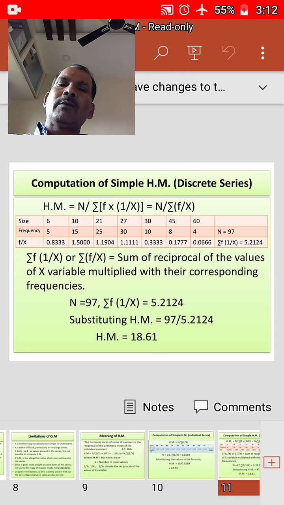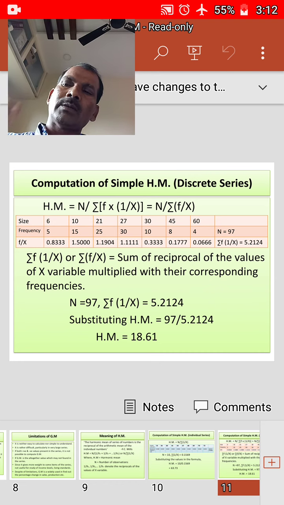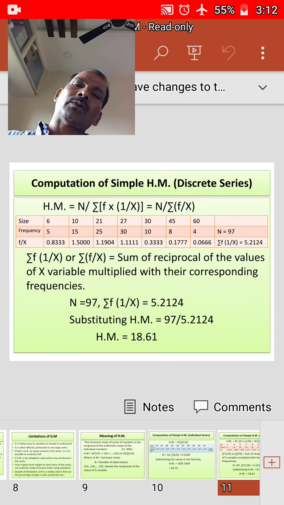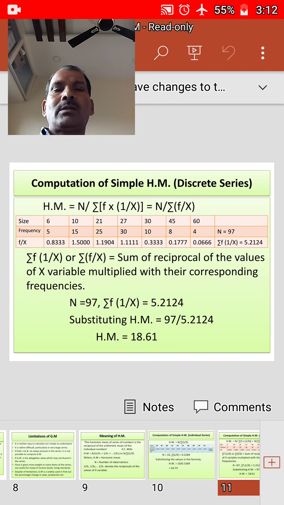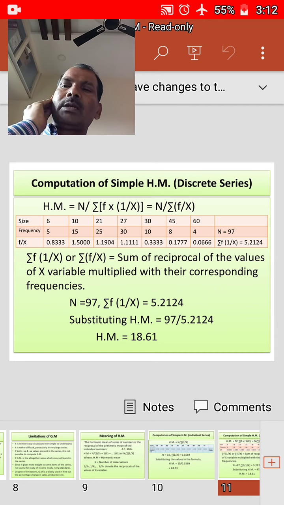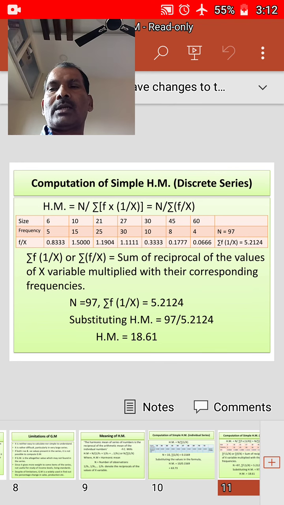The frequencies are given: size 6 items are 5, size 10 items are 15, size 21 items are 25, size 27 items are 30, size 30 items are 10, size 45 items are 8, size 60 items are 4. Hence n, the total of the frequencies, is equal to 97.